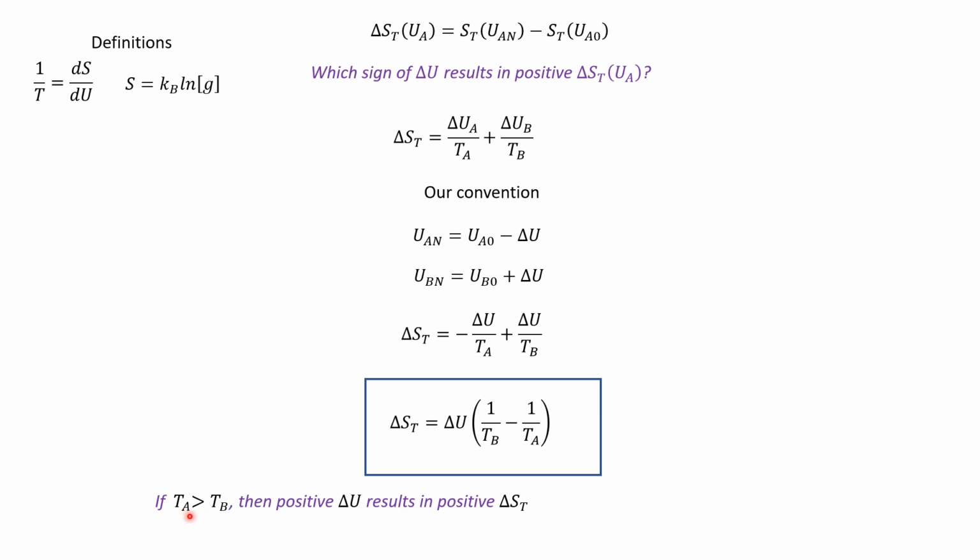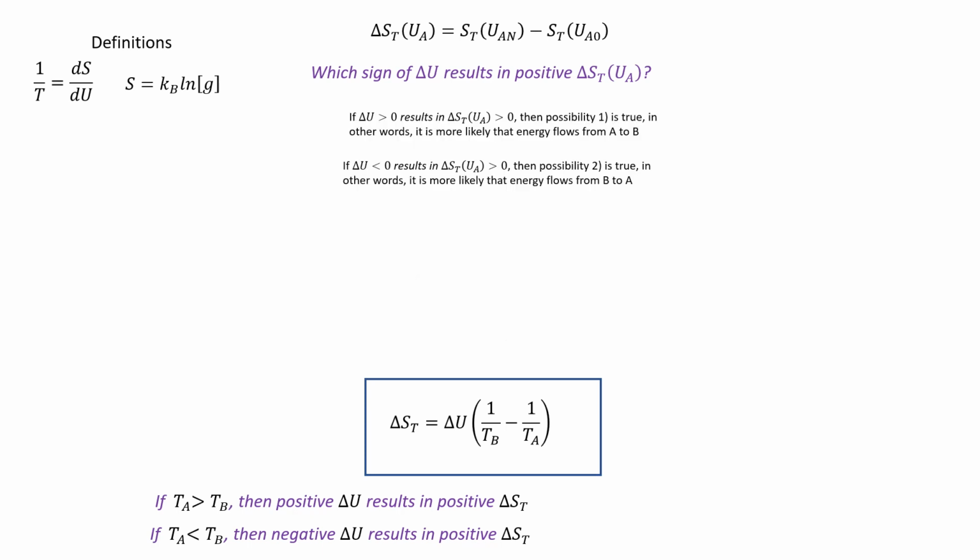Because if this term is higher than this term, that means that the term inside the brackets is positive, which means that we need a positive delta U to obtain a positive variation of the entropy. On the other hand, if the temperature of system A is lower than the temperature of system B, then the term inside the brackets is negative, which means that we need a negative delta U to obtain a positive variation of the entropy.